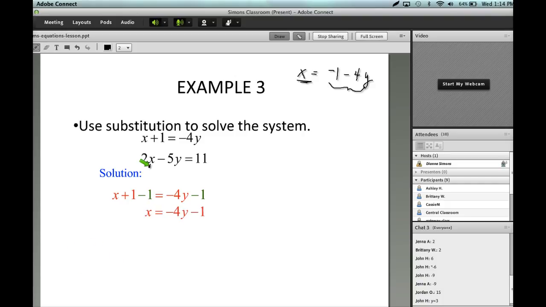See, they solved for x. All right, and I'm going to substitute that negative 4y minus 1 or negative 1 minus 4y, doesn't matter what order you put it in, for x. All right, take a couple minutes, see if you can finish this out.